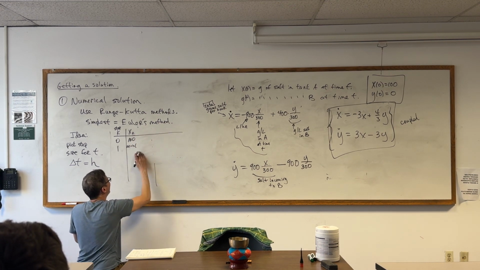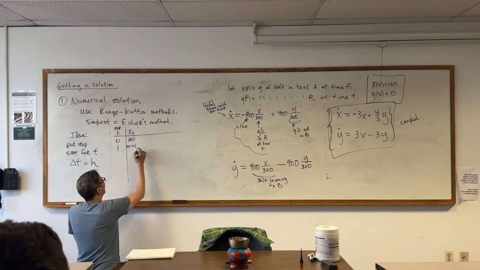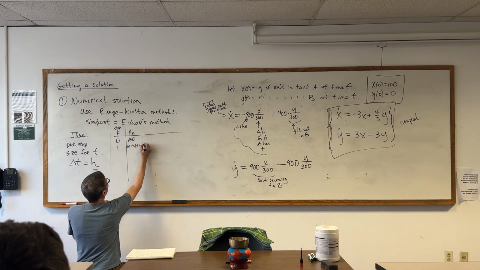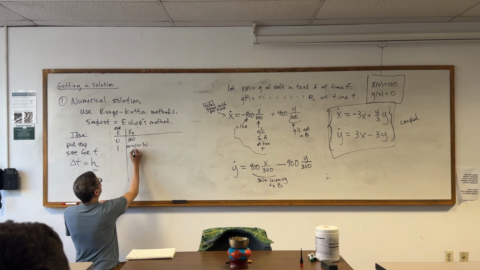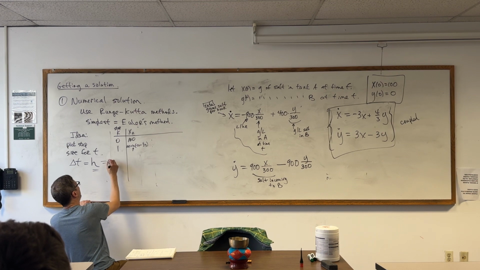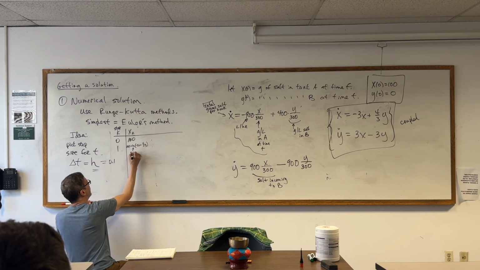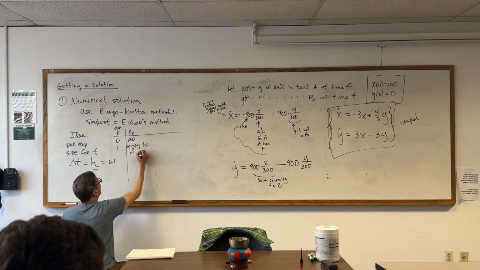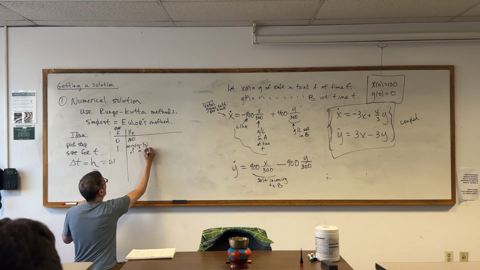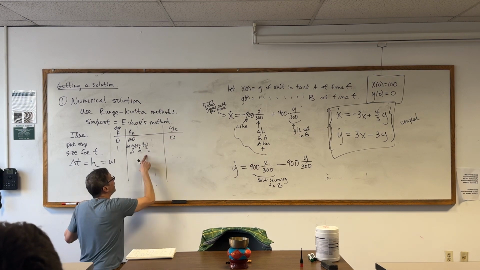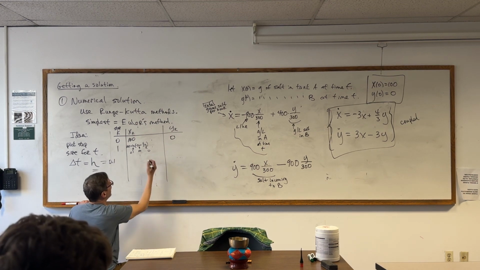Sorry, I know it's not as easy for you to fix this up. But I'm going to have h times negative 3x plus 4/3 y. And this is going to be my step size. So let's say this is 0.1. My x is going to be 100. And my y is 0.